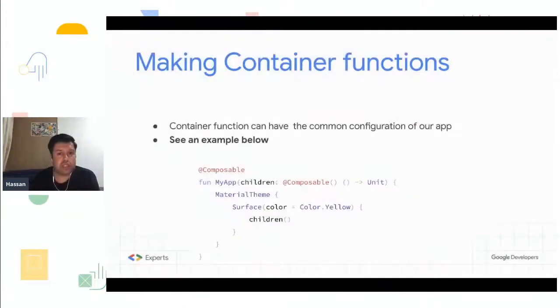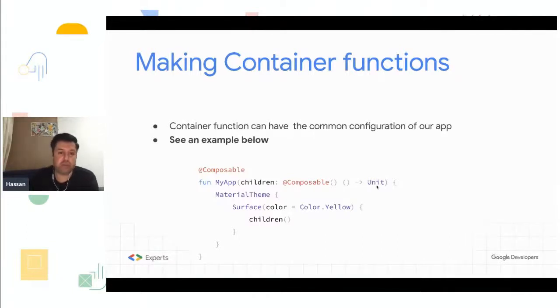So let's go to the next concept, which is making container functions. Before there was an API container, but now it's been removed. How you make a container function usually is you define children. This children is a composable function, and it returns Unit.